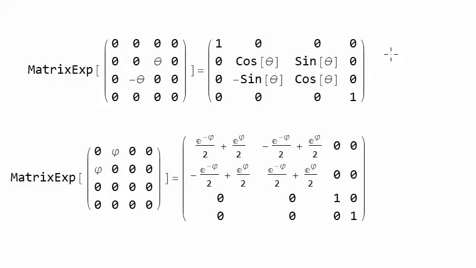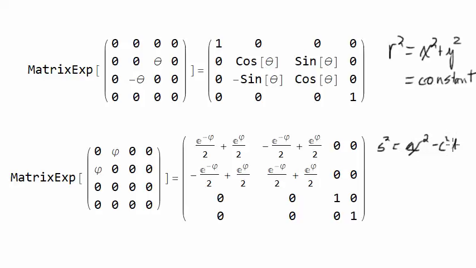This one keeps radiuses around the origin the same. So it works with r squared equals x squared plus y squared equals constant. And this works with, say, s squared equals x squared minus c squared t squared equals constant, or tau squared equals c squared t squared minus x squared equals constant.